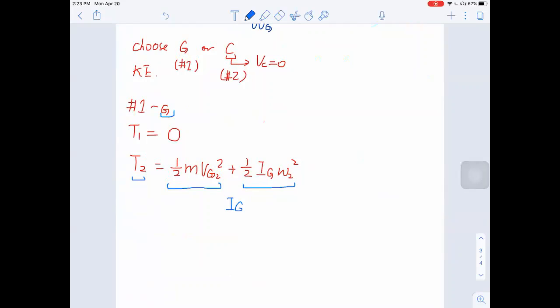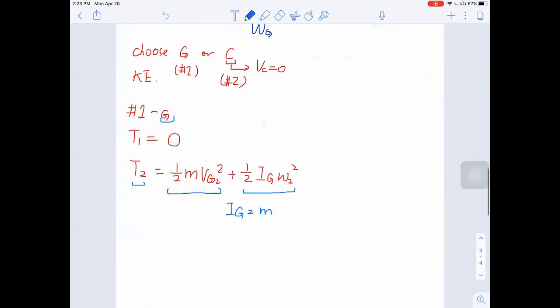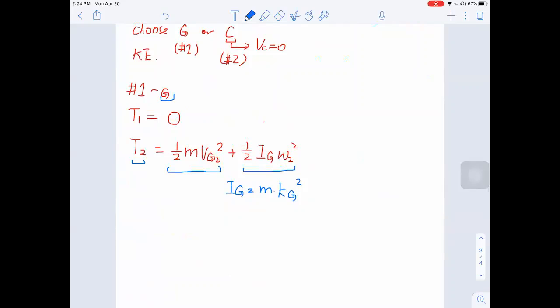So Ig equals m times kg square. And omega 2 here, do we know anything about omega? Omega is angular velocity, right? So how can we find angular velocity?